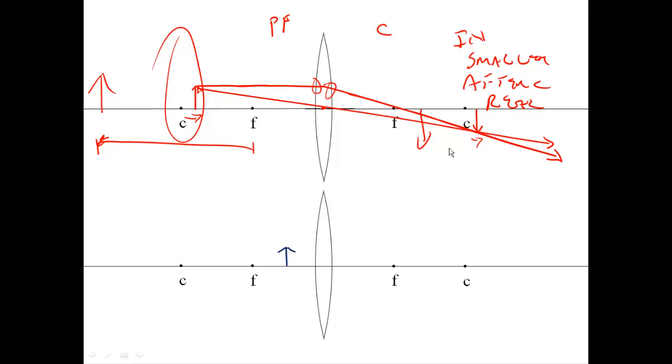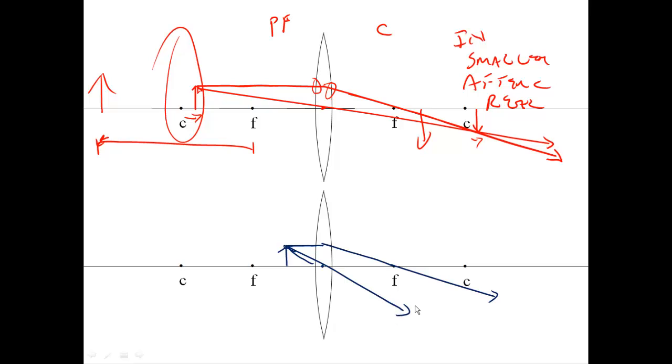Okay, first ray is PF, so parallel, hit the lens, and then do the focal point. Second one is through the center of the lens, which is right here, the very, very center.